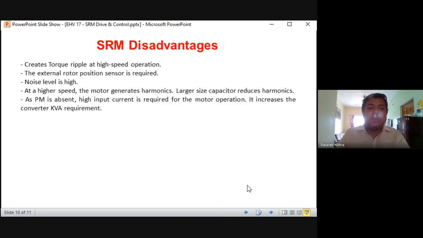Now the disadvantages. It creates torque ripple at high speed operation. An external rotor position sensor is required. Torque ripple affects the performance of the motor negatively. Whenever very high torque operation is there, some amount of harmonics or ripple is automatically introduced in the system. The external rotor position sensor is required because the DSP has to know which phase has to be converted to north pole and south pole.